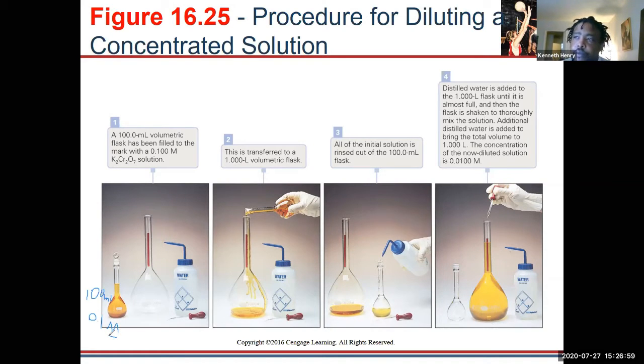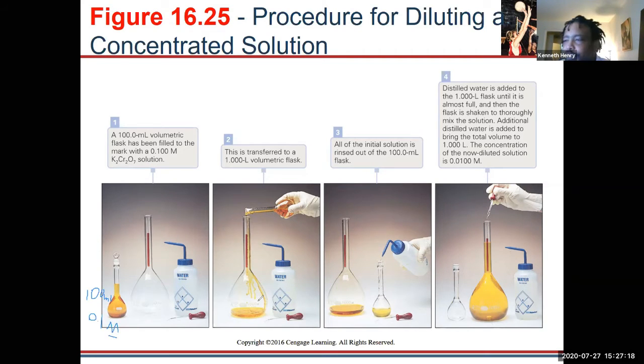Then what we would do, and usually you use a volumetric flask for this because it's a nice way of doing it, is take that 100 mils and pour it into a 1,000 ml flask. We're going to dilute this down to 1,000 mils, which is 1 liter.